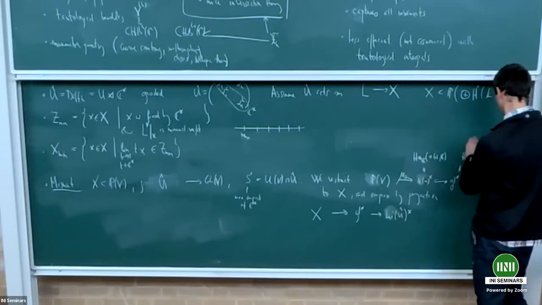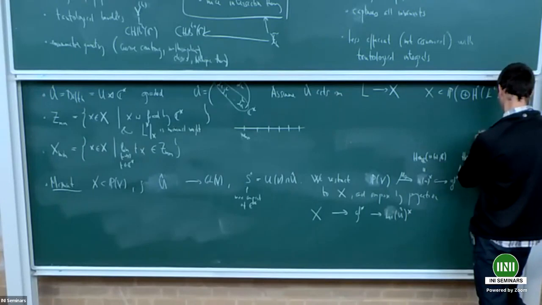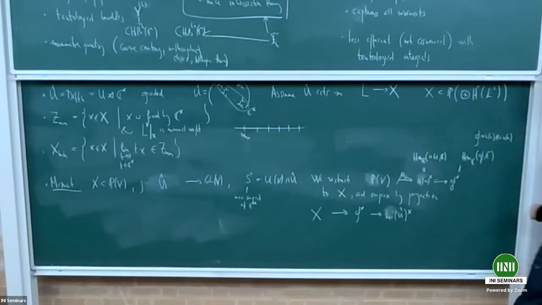Yes, so GL is equal to UN plus i times UN. This is just the complexification of that.